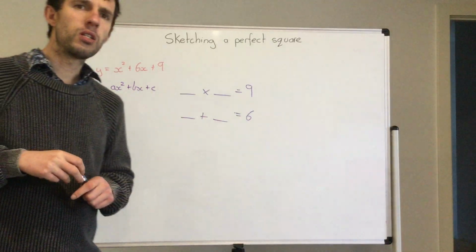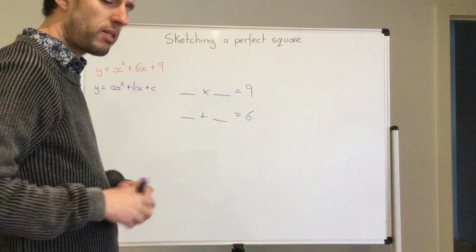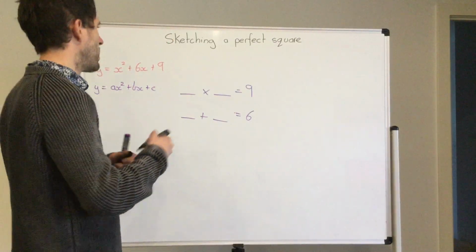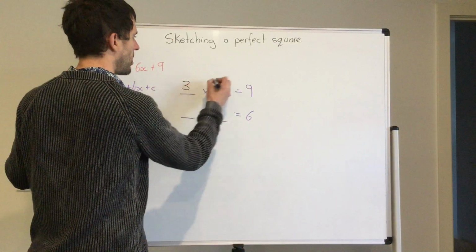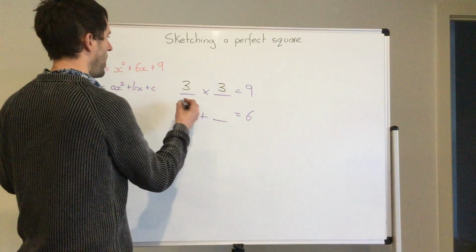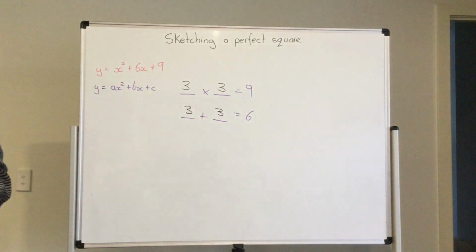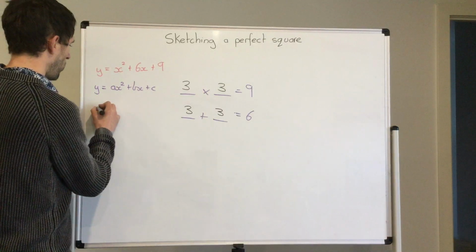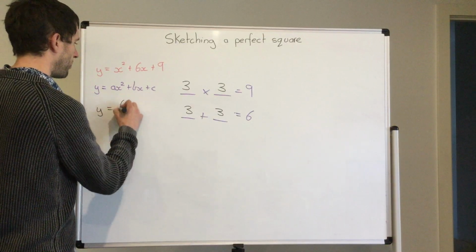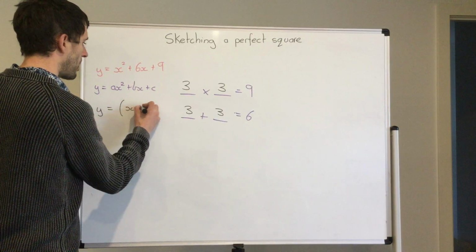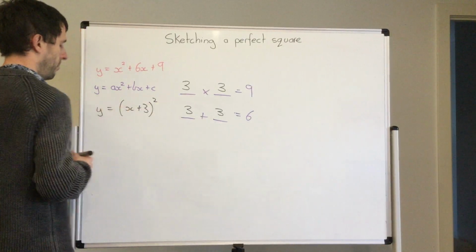Since we're looking at a square, they need to be the same number, so that will be 3, because 3 times 3 equals 9, and 3 plus 3 equals 6.